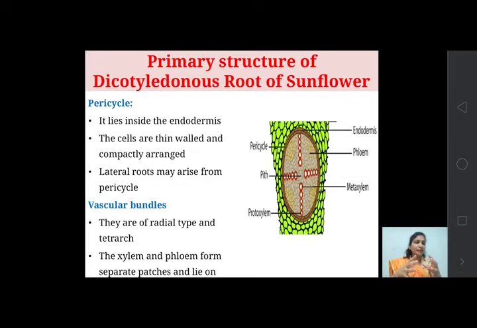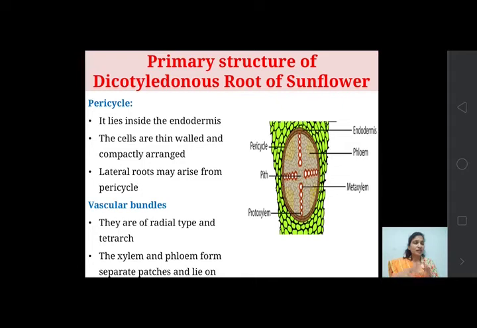Now inside the pericycle, you see the red and the yellow regions. The red region shows large cells and small cells, large cells towards the center and small cells towards the pericycle region. So these are the xylem vessels.